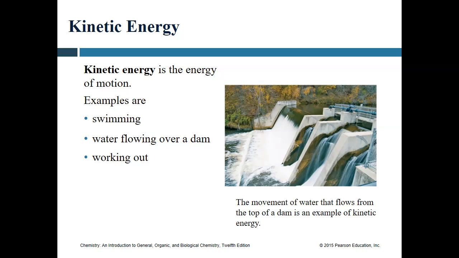So there are lots of different examples of kinetic energy. Your book gives you the examples of swimming, water flowing over a dam or over a hill, a waterfall, the act of physical motion and movement, working out, going for a run, riding your bicycle. All of that's kinetic energy because you are in motion to do all of those things.